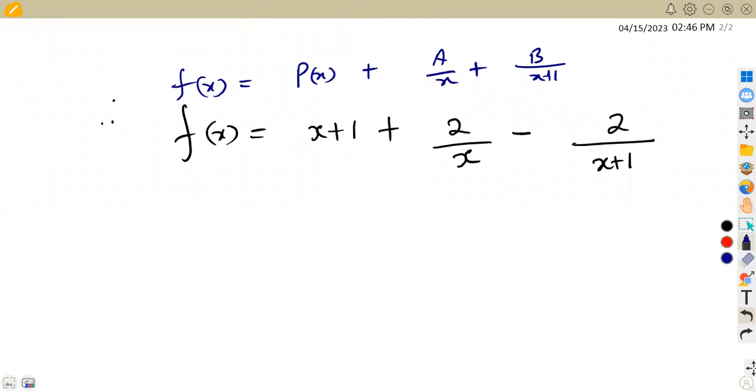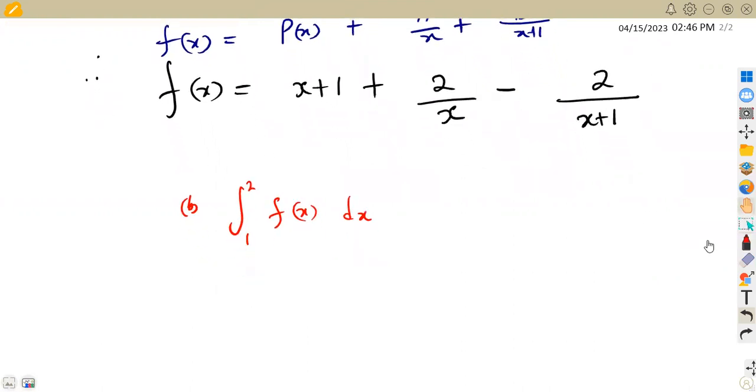Now the question is asking us on the second part, which is the b part here, to say that, let me just write it the way it was given. The integral of f of x with respect to x from the limits 1 up to 2. So you are supposed to integrate your f of x, which is this function that we got here.